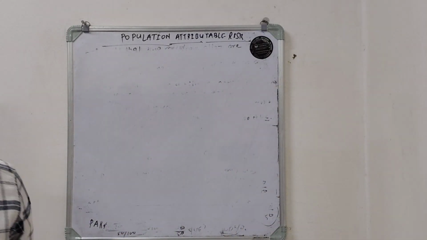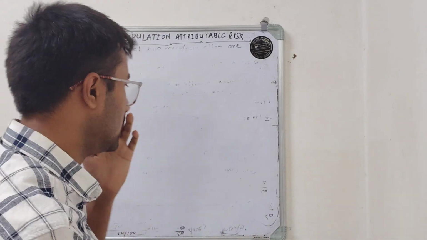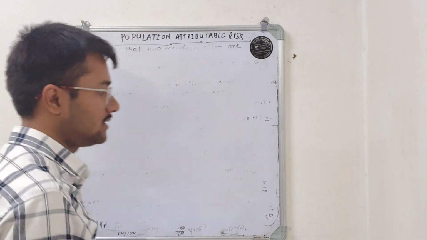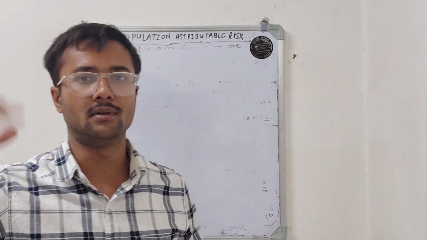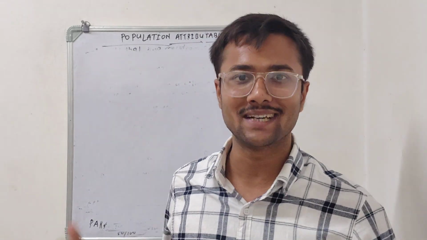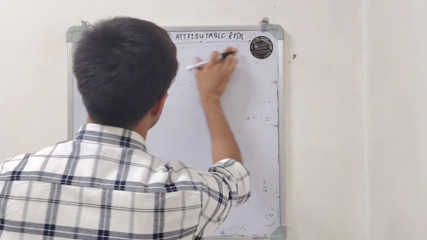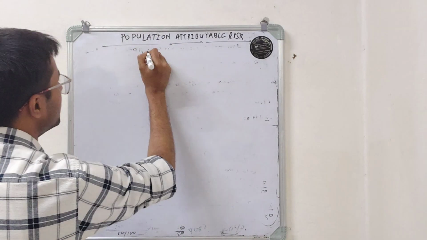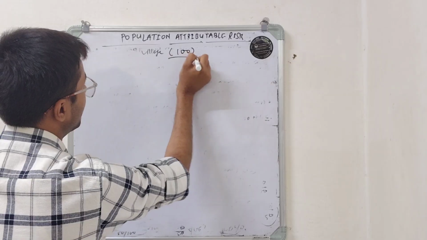Okay, so now I am going to take one more example for better understanding. We take not very large values, because if I take a very large value, it is difficult for me to calculate. So again I take a very small village having a population of 100.